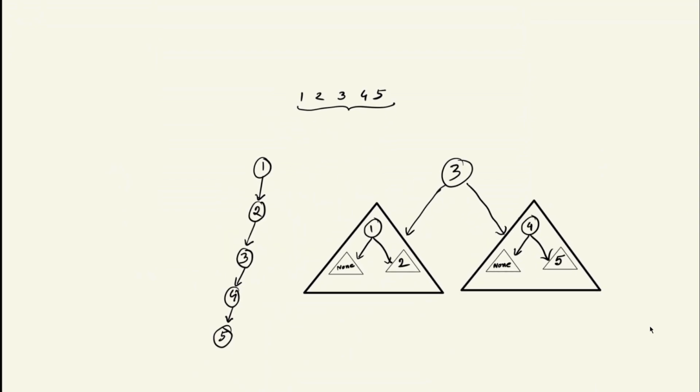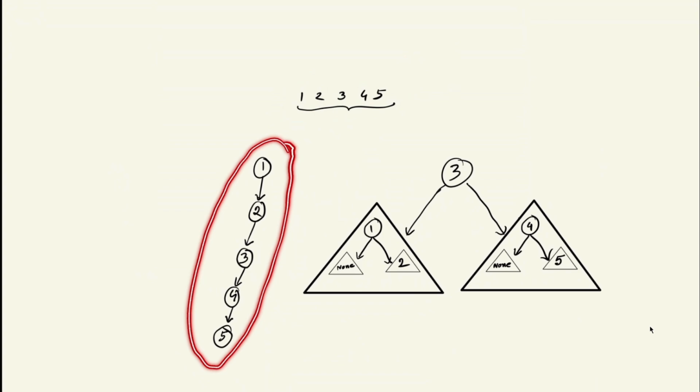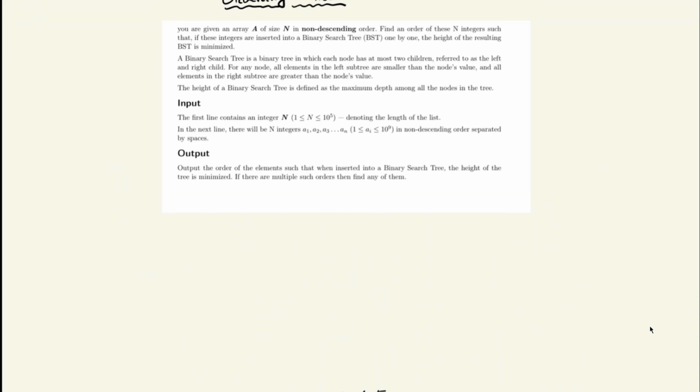Let's say we have an array which contains 1, 2, 3, 4 and 5. So how can we construct a BST from this array? One possible construction could be this, because every node in this tree has fewer than 2 children. As it's written here, a binary search tree is a binary tree in which each node has at most 2 children.